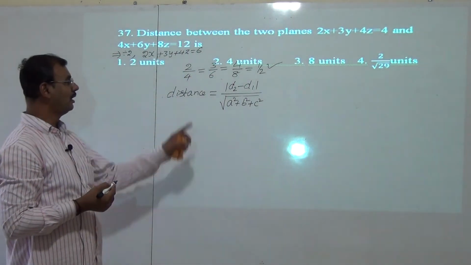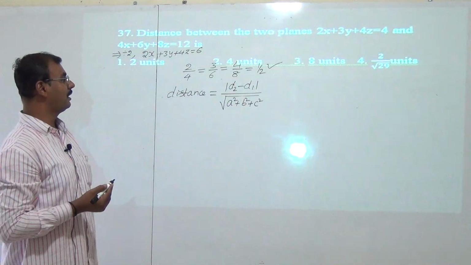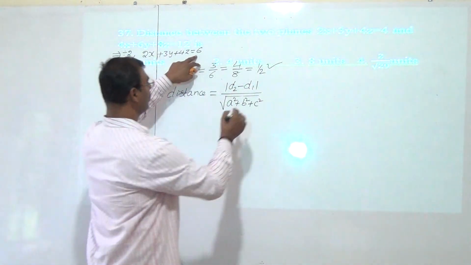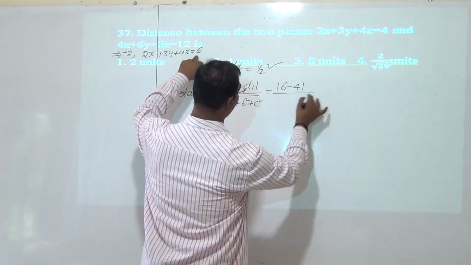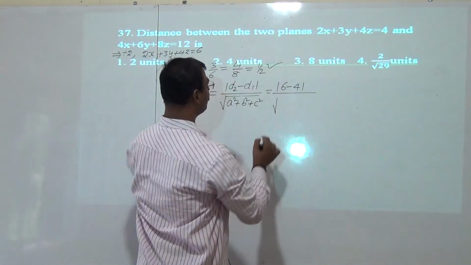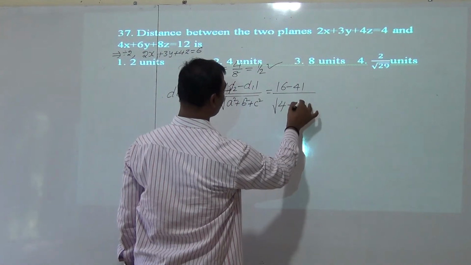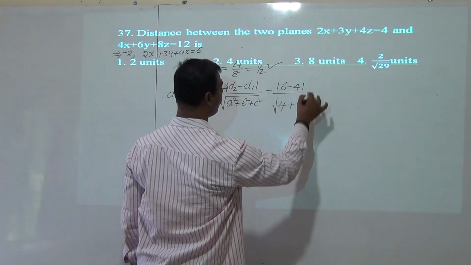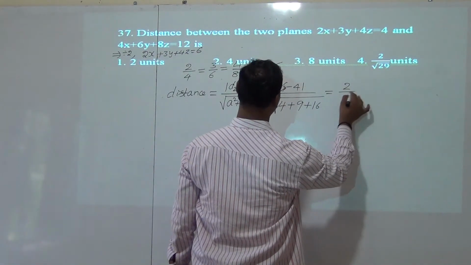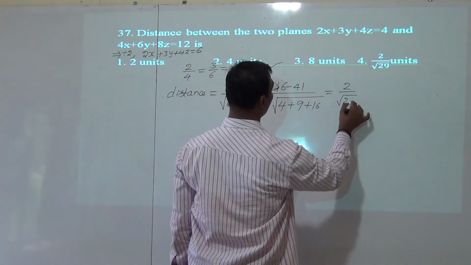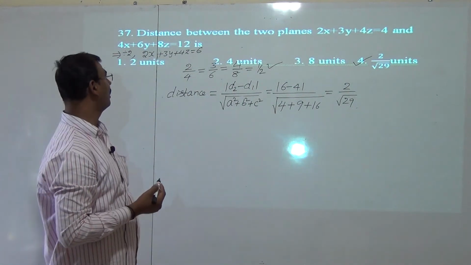What is d2? 6, minus d1, 4, upon square root of a value 2 square is 4, plus b is equal to 3 square is 9, plus 4 square 16. Simplify: 2 upon square root of 29. So this is the answer, 2 upon square root of 29.